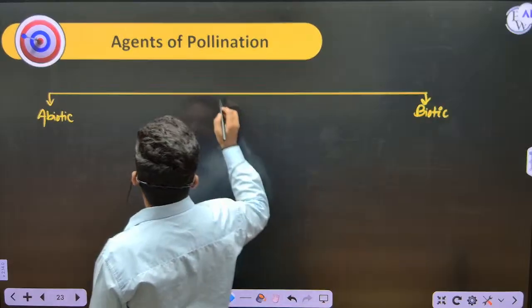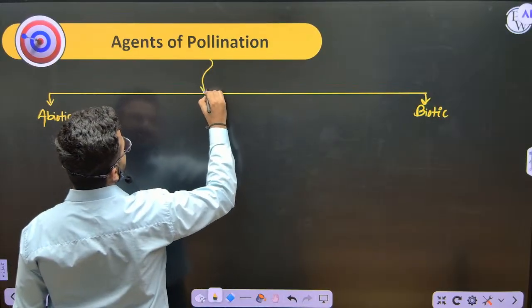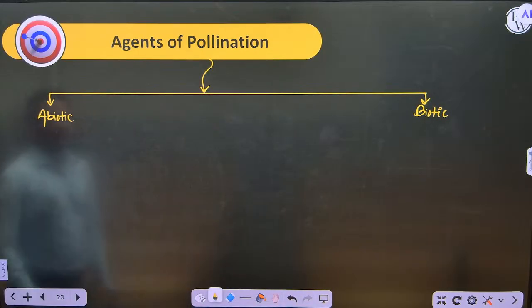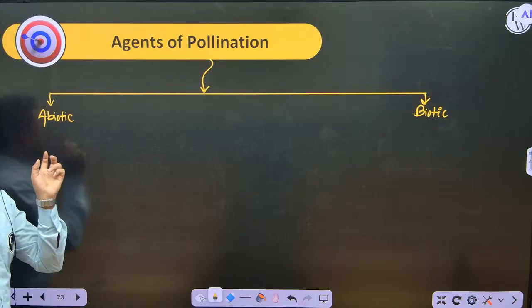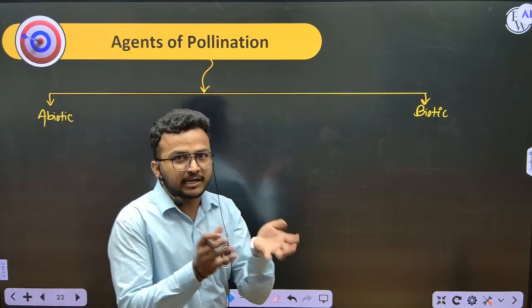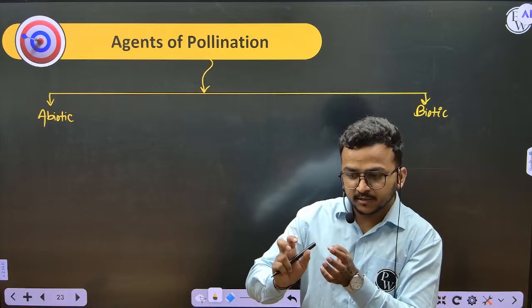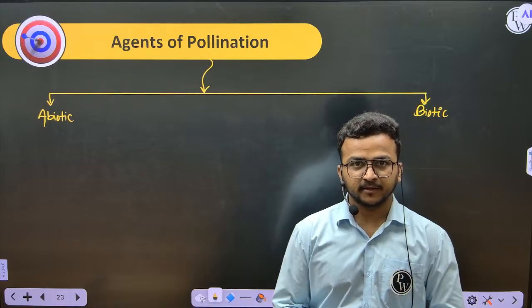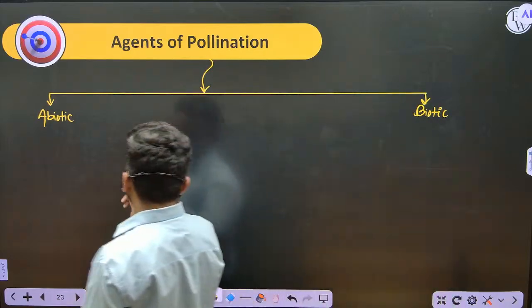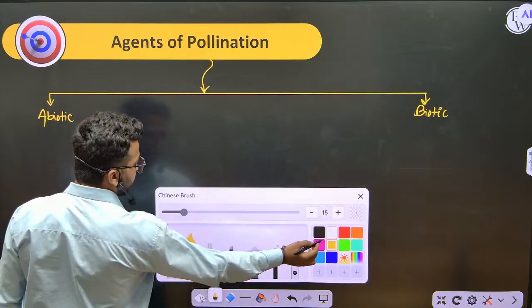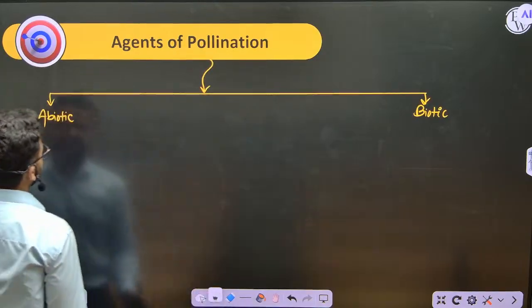It's the basic thing you might know, what is abiotic and biotic. Abiotic is nothing but that which is not living, which does not have life. That is abiotic.